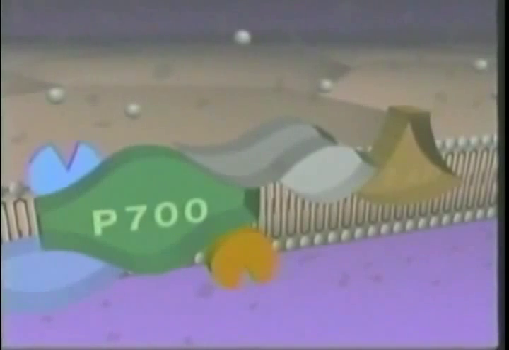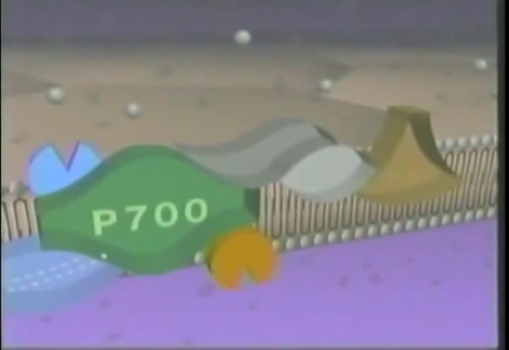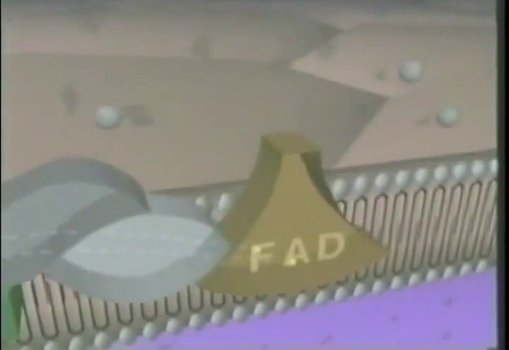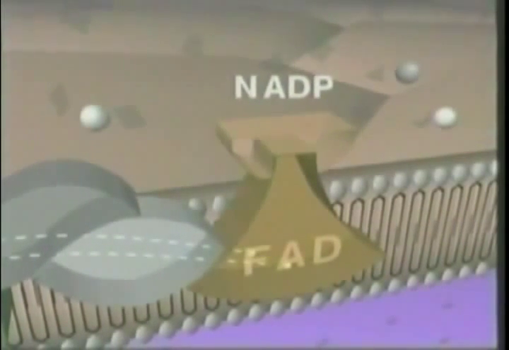Beyond photosystem 700 are other electron carriers in the transport system. Energy-rich electrons from P700 move from one carrier to the next, until they arrive at the small carrier molecule, FAD, at the end of the electron transport system. Once FAD acquires two electrons, a molecule of NADP moves into position to pick them up. But NADP is a hydrogen carrier.